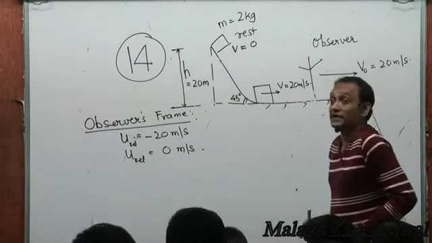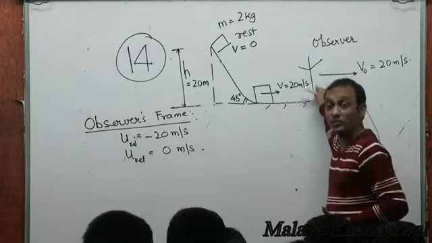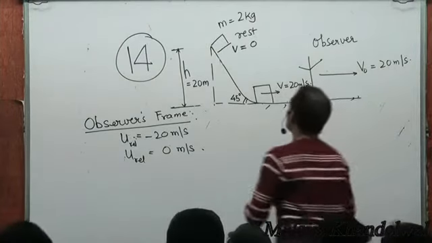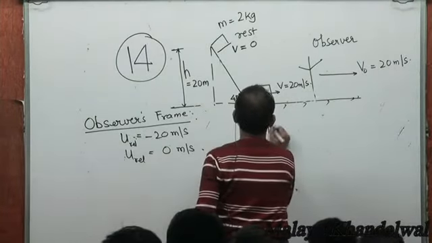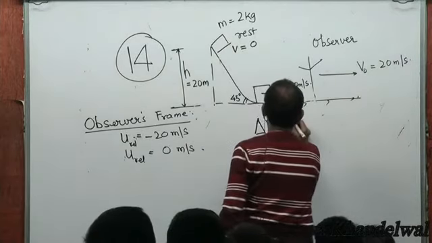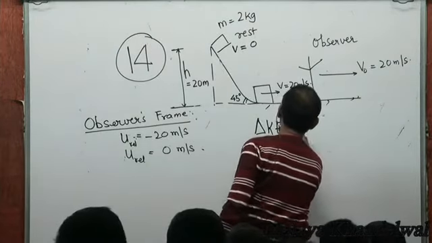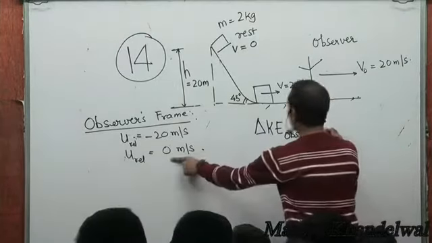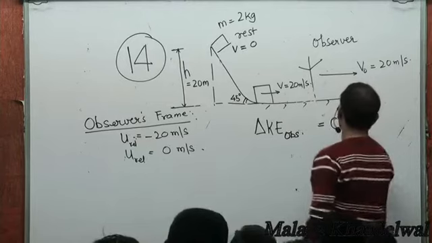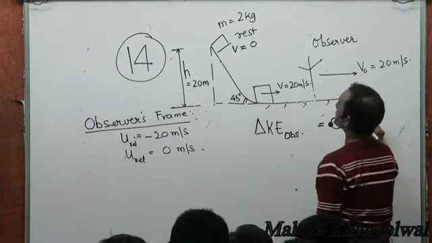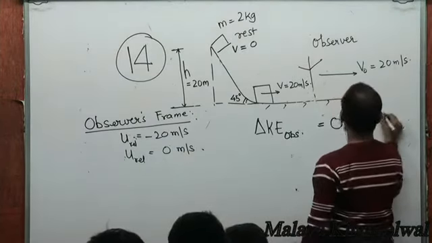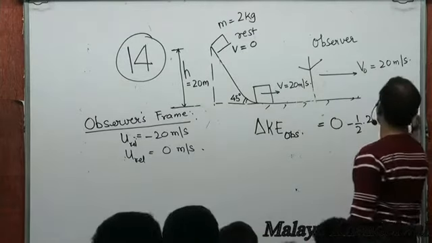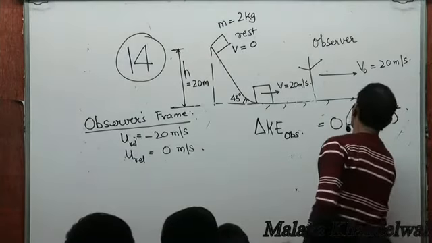Now, the change in kinetic energy in this frame of reference, as perceived by the observer, is going to be the final kinetic energy, which is 0, minus half mass, which is 2 into 20 squared, which is minus 400 joules.